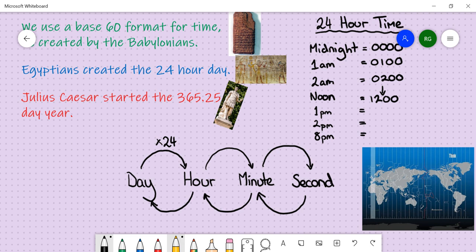As we convert from hours to minutes, we multiply by 60, and then from minutes to seconds, we also multiply by 60. Now these are just numbers that you have to remember.